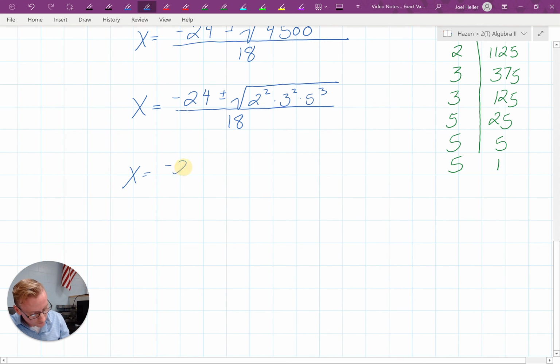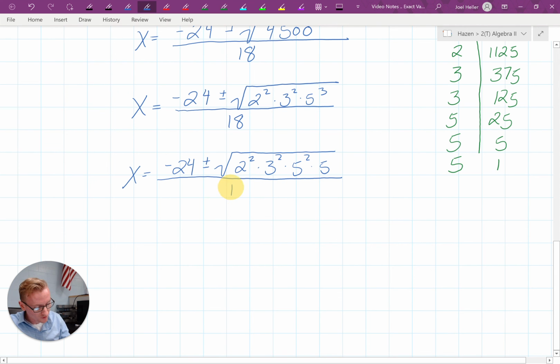So I've got negative 24 plus or minus the square root of 2 squared times 3 squared times 5 squared times 5. So I've still got three 5s, just pulled one off to make all of my exponents even. And then any even exponents can come outside the square root, doing the simplest radical form.